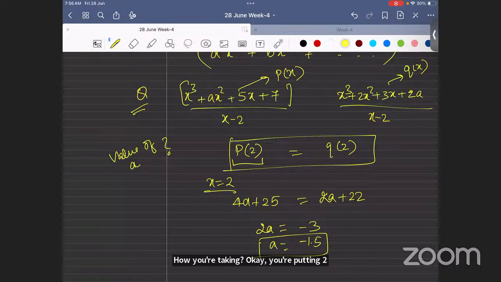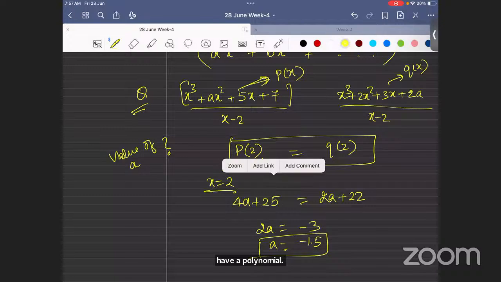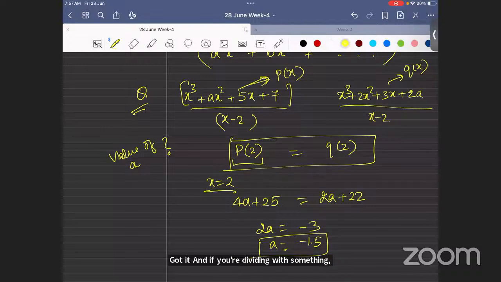Let's say you have a polynomial px and you are dividing with some divisor x minus 2, and the information given was that it was totally divisible by this term. If you put that 2 there, you'll get 0 as the remainder, right? Got it. So the remaining part will be the remainder. Thank you.